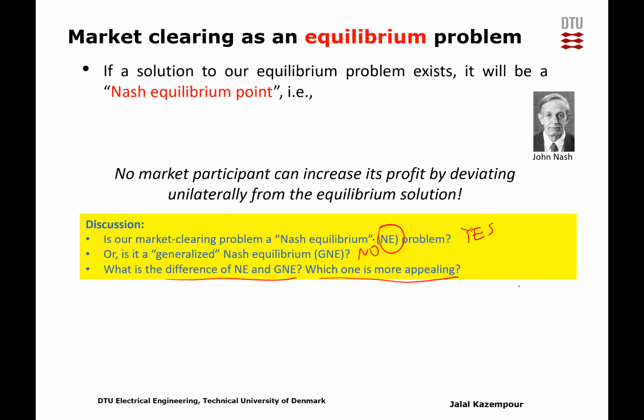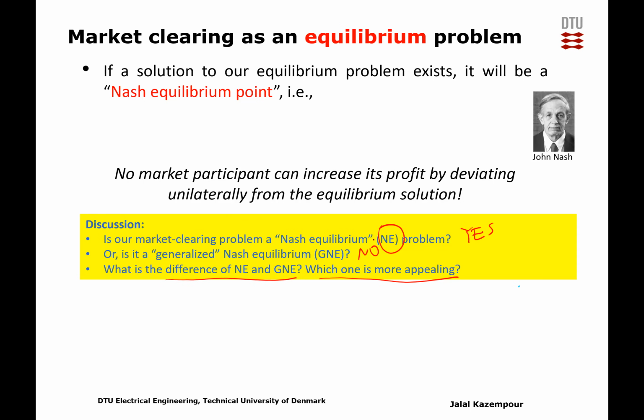We have a lot of good properties in Nash equilibrium, but in generalized Nash equilibrium, we lose those properties. Unless in very specific problems, we cannot talk about the uniqueness of the Nash equilibrium point in generalized Nash equilibriums.